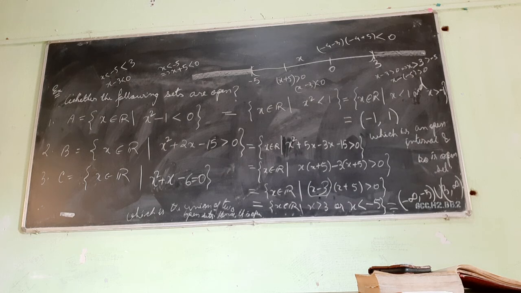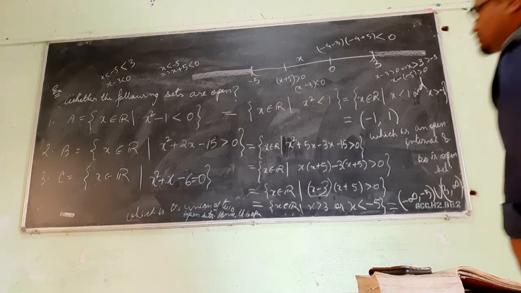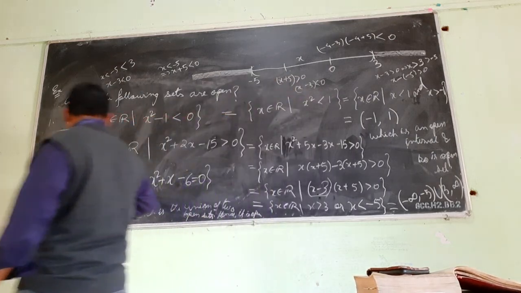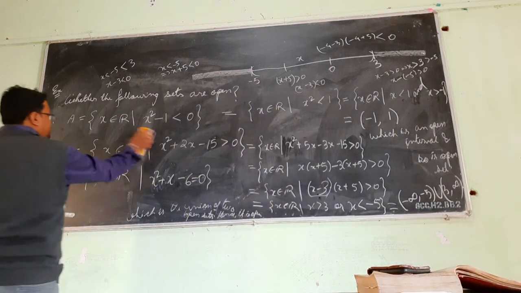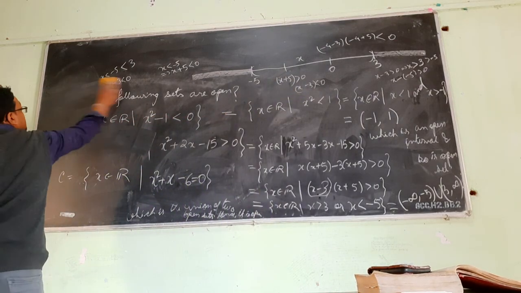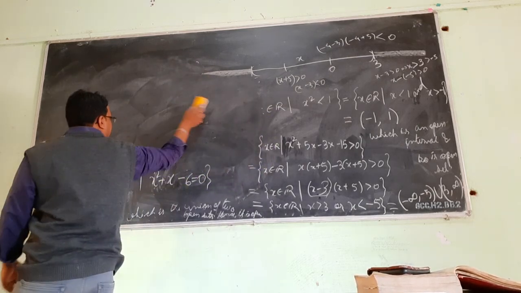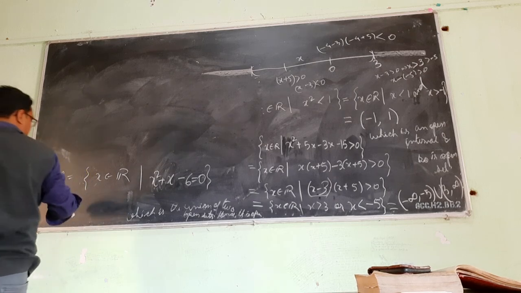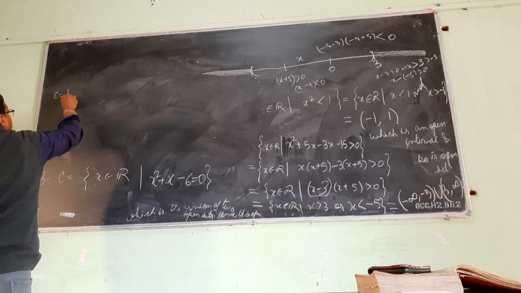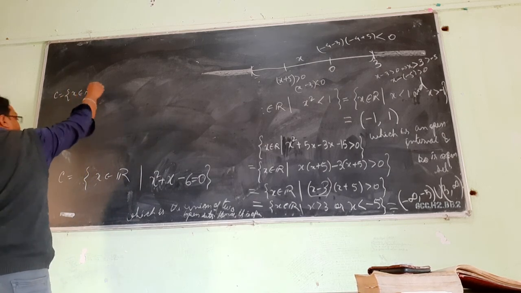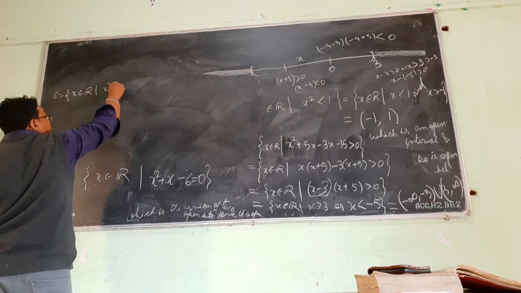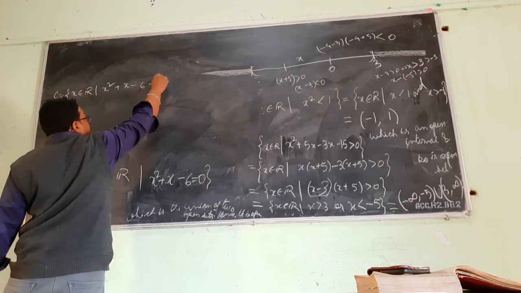Okay. So the next one, number C, how to do it? This is also simple. Number C equals the set of all those x in R such that x squared plus x minus 6 equals 0.